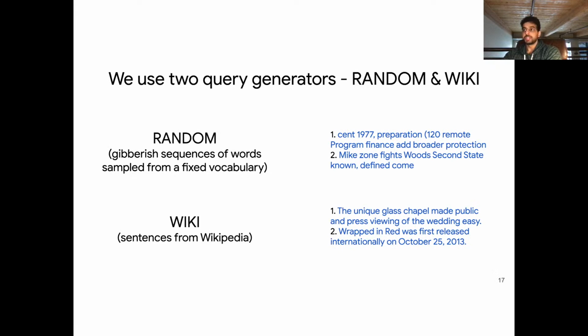We used two really simple input generators. One was the random gibberish sequences that we looked at before. The other one was trying to at least use more grammatical sentences. We just sampled random sentences from Wikipedia. So even if they had no sentiment in them, we would just randomly sample one and feed it into the model.